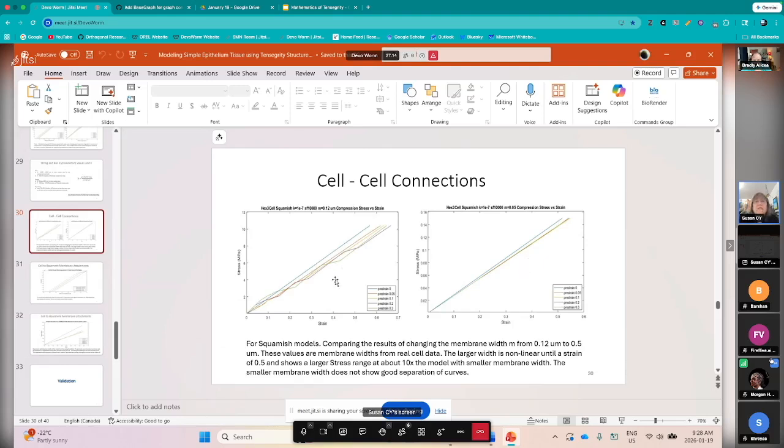So you have to have a certain width of the top part of the cell, like the membrane has to be wide enough for a separation of these curves.